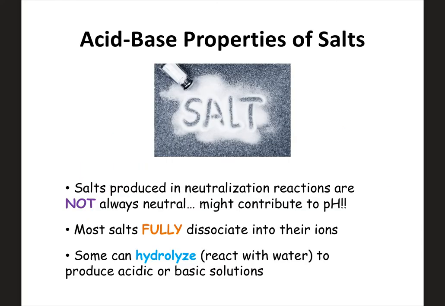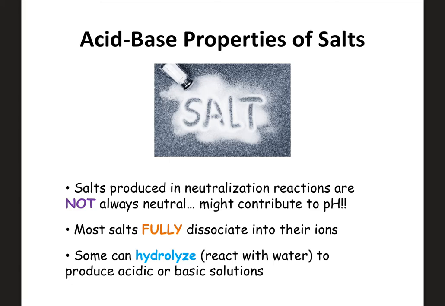We are looking at these neutralization reactions because we need to think about the acid-base properties of the salts that formed. We already know that when you do a neutralization reaction, typically you're going to see a salt plus water forming. Sometimes you just get a salt forming. And these salts produced in neutralization reactions are not always neutral.